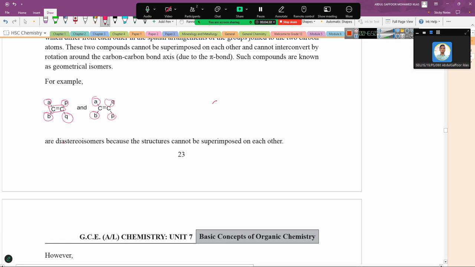But if we have something like this, carbon-carbon, here A, here also A, here P, here Q, this cannot be diastereomers, right? And these diastereomers are also not superimposable. So if you have cis and trans counterparts and bring them together, they cannot overlap each other, right? That's the condition. Is that okay?